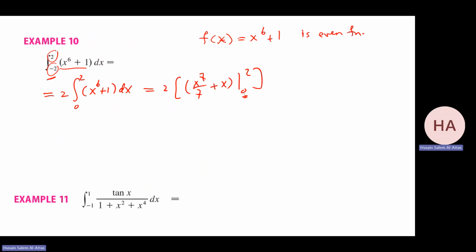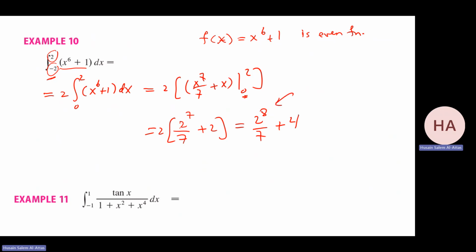When I substitute 0, I'm getting 0. So that will be 2 times 2 to the power 7 over 7 plus 2. That gives me 2 to the power 8 over 7 plus 4. So that will be my answer.